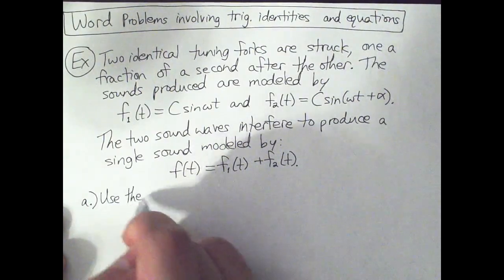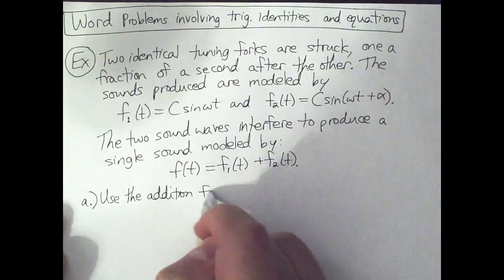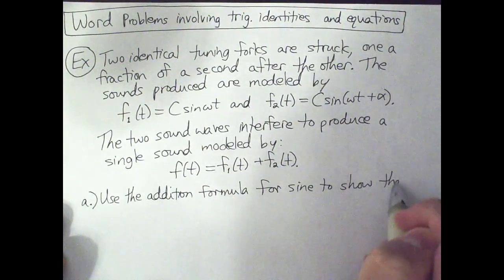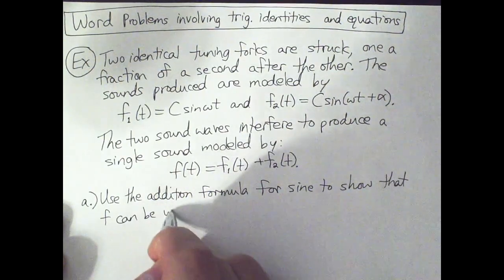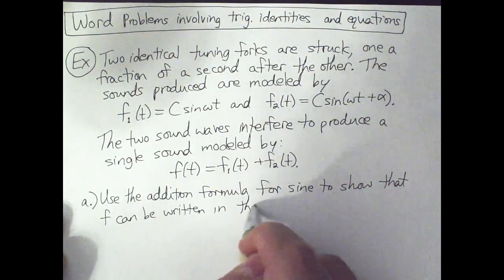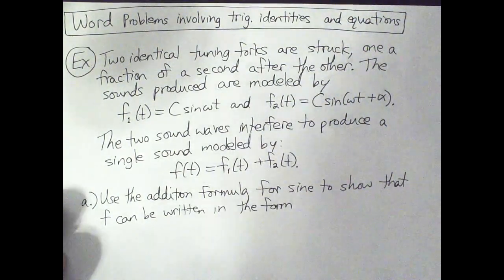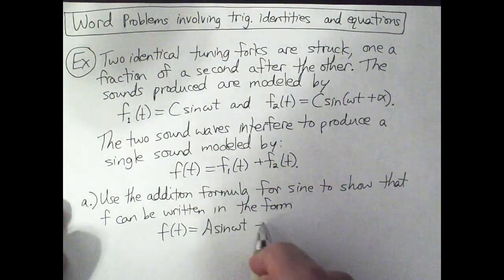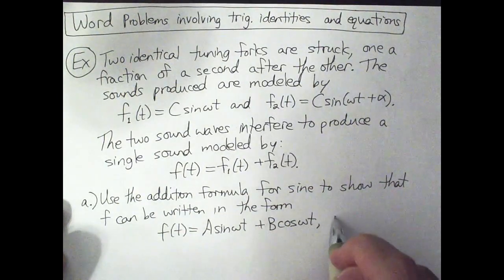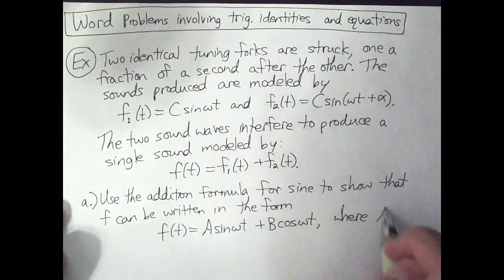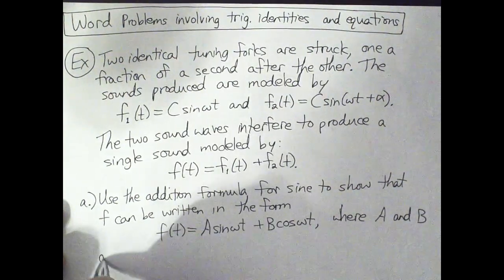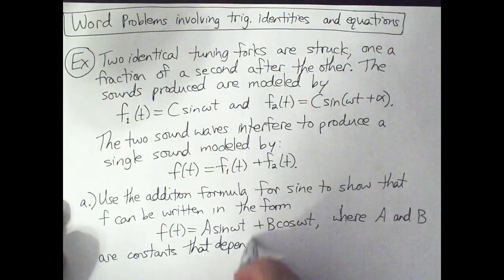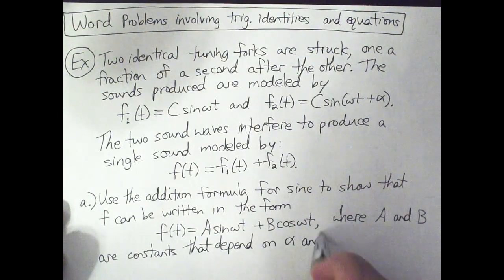First of all, use the addition formula for sine to show that f can be written in the form f of t equals a sine omega t plus b cosine omega t, where a and b are constants that depend on alpha and c.